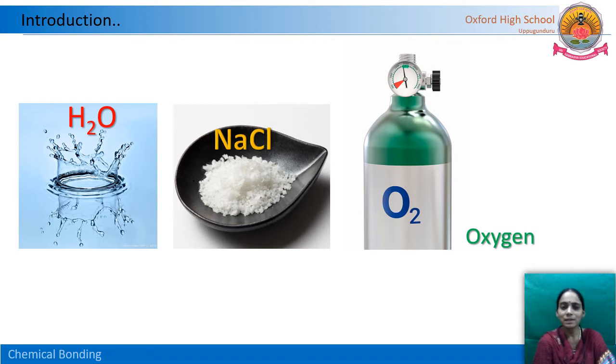Or NaCl, can't we write it like ClNa? And why should we write oxygen gas as O2, not as a single O? What is the reason? Have you thought about this anytime?